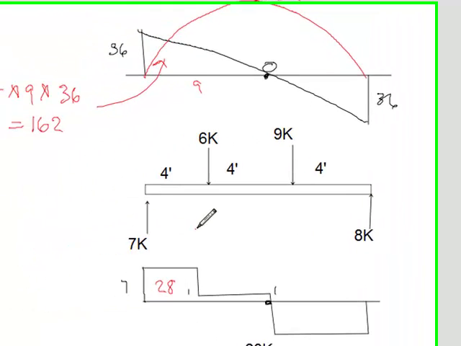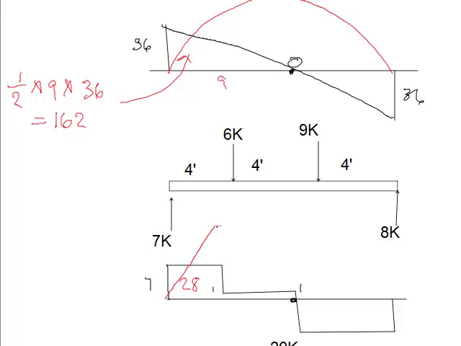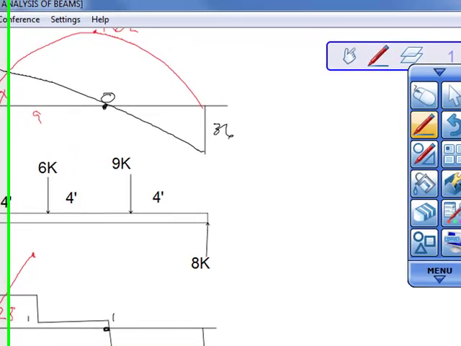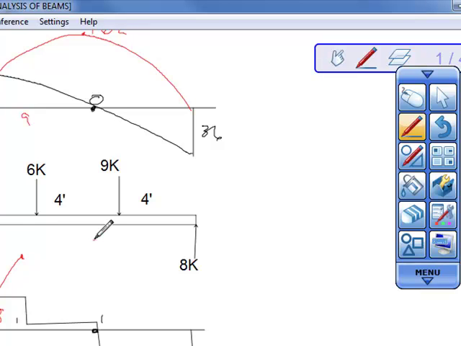That's 28. So your moment line overlaying the shear is going to go up to 28 above this line, meaning 0. Then your next point is going to be over here somewhere, and you add the area in this section, which is 1 times 4. It's 4, right?